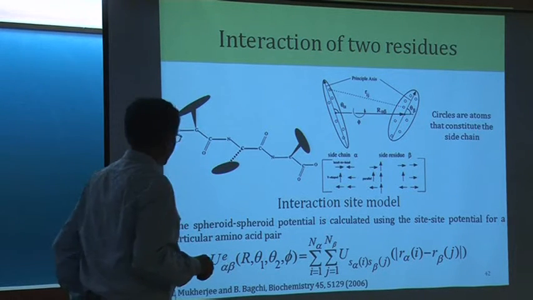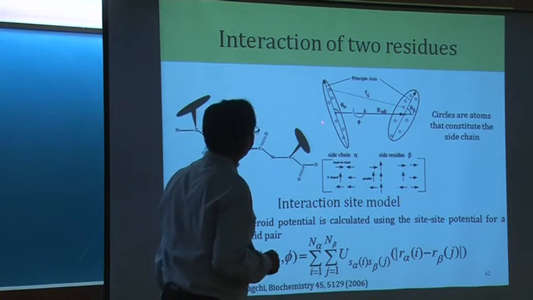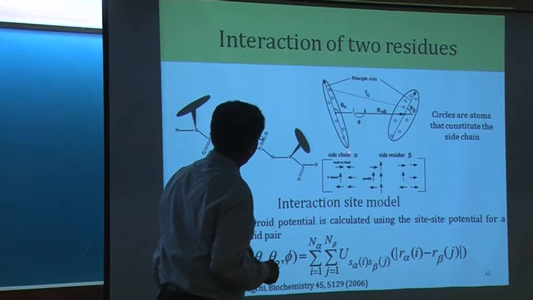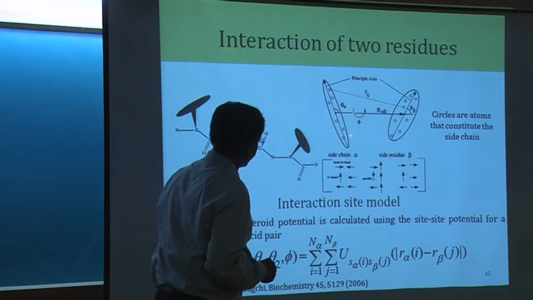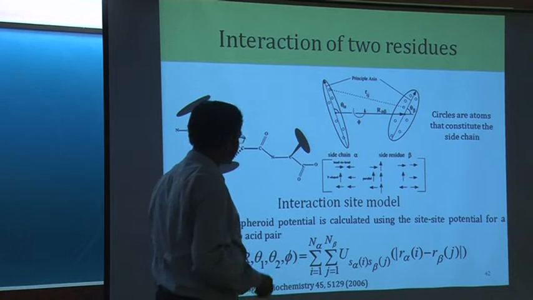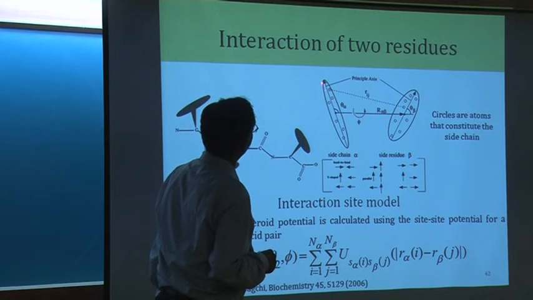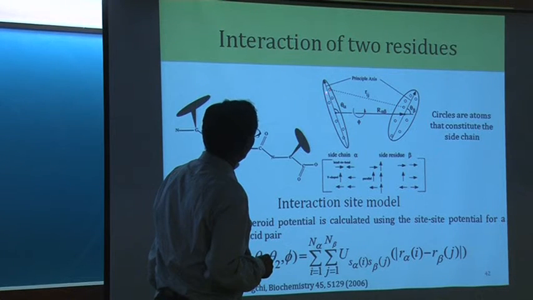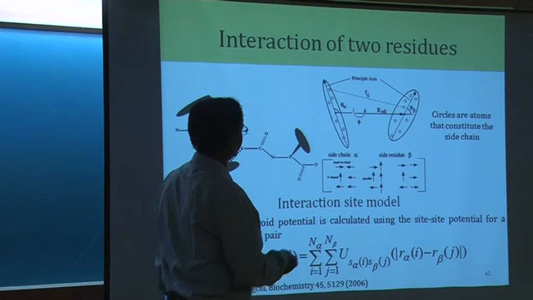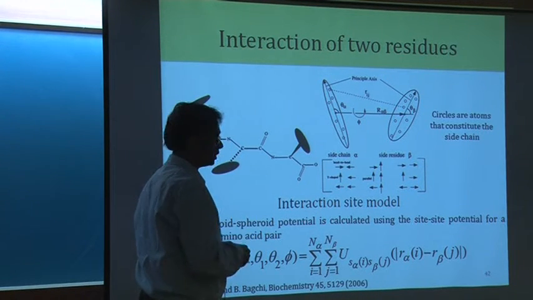One of the ways that we try is the following. There is a technique, I'll give the reference later, developed by some other people. They broke, say, an arginine, into essential groups. Like CH2 is an essential group, CH is an essential group.